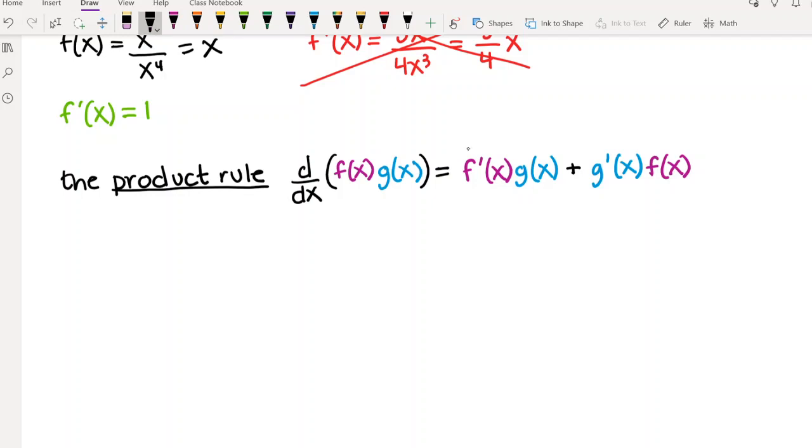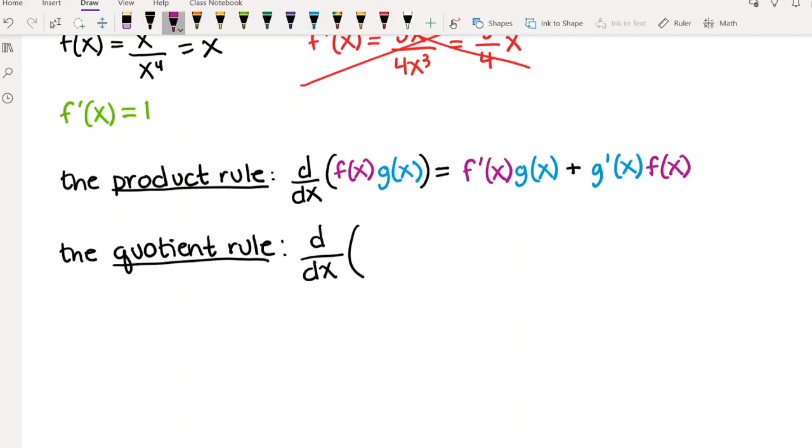So what's the quotient rule? The quotient rule is for when you're taking the derivative of now two functions being divided. So something like f of x over g of x.